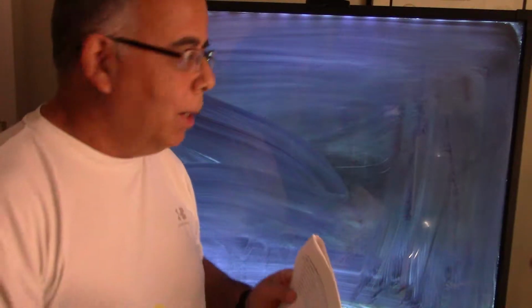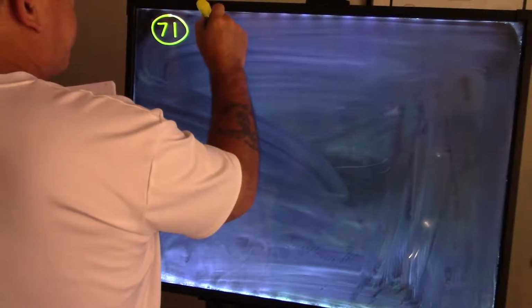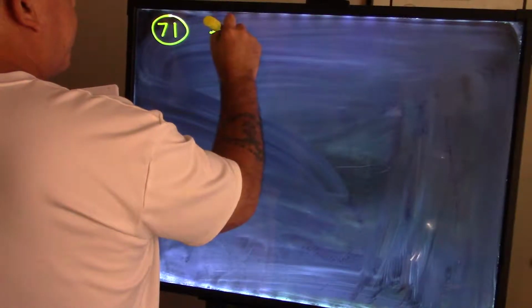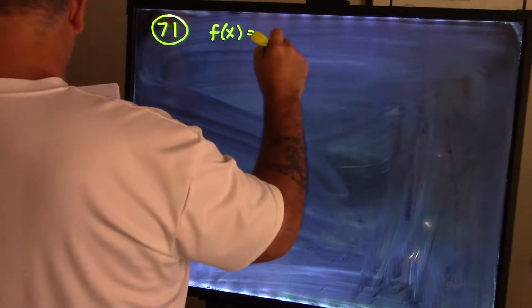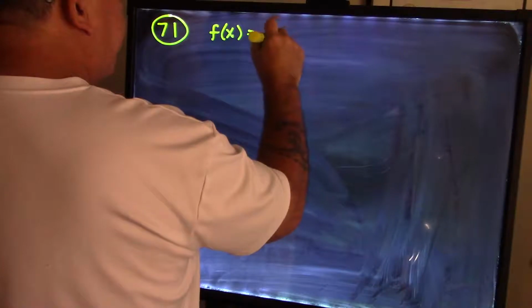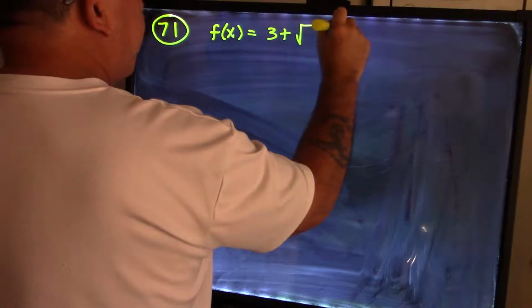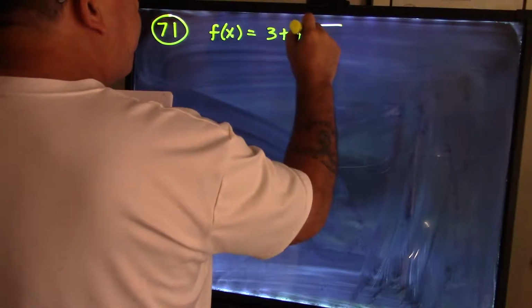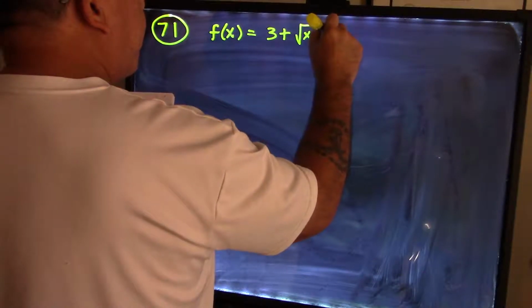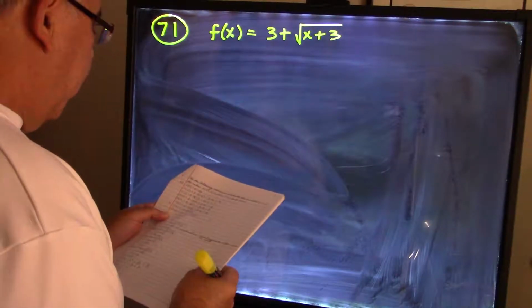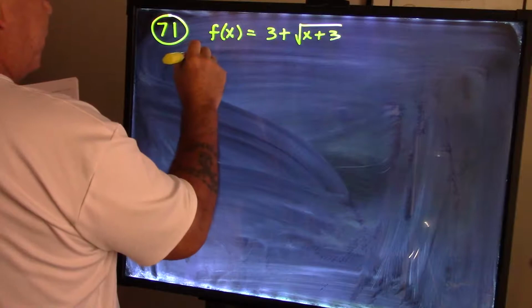Number 71. We have f of x is 3 plus the square root of x plus 3. Okay, so we have f of negative 2.